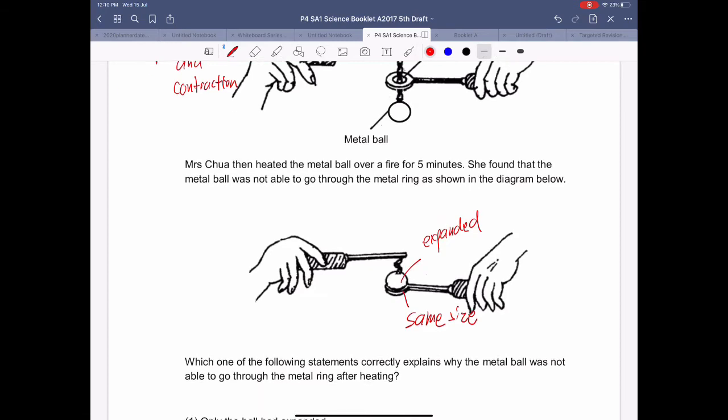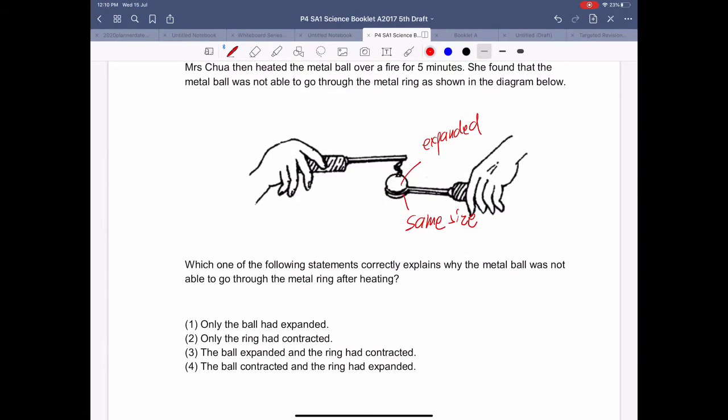Okay? Now, which of the following statements correctly explain why the metal ball was not able to go through? So basically, the answer would be only the ball had expanded, that's it. You did not heat the metal ring at all, so it remained the same size. It did not gain any heat apart from when the metal ball touches the metal ring.